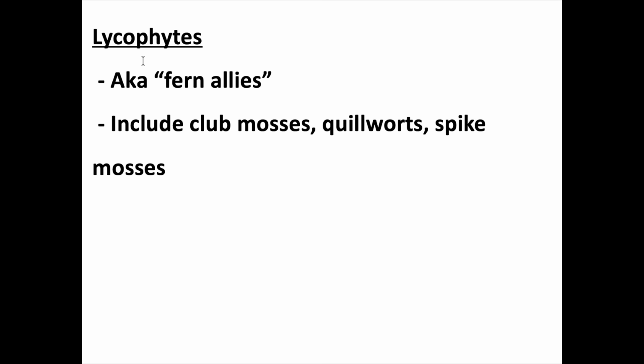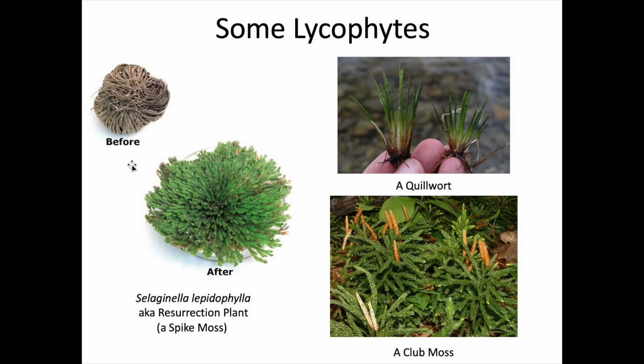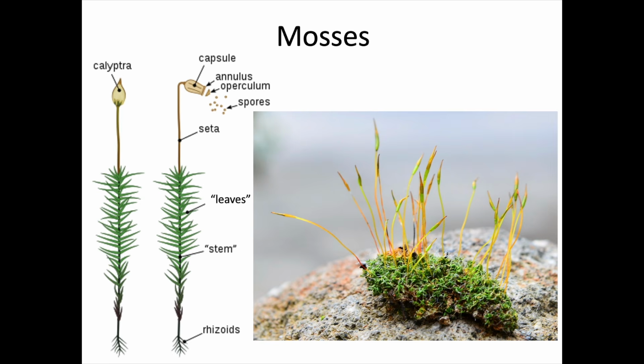So what can we say about them? Let's start with lycophytes. Lycophytes are seedless vascular plants that are also known as fern allies. They're not real ferns. I guess they're called allies because they're closely related to ferns. Weird word, but it is what it is. Lycophytes include club mosses, which are not to be confused with actual moss, which was this bryophyte from the previous lecture here. These are club mosses.